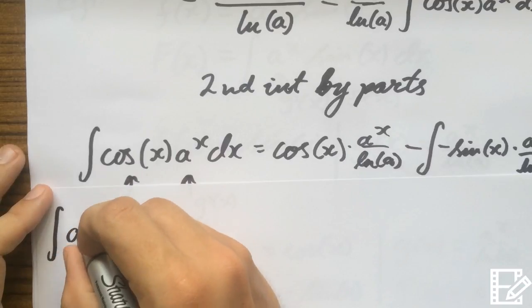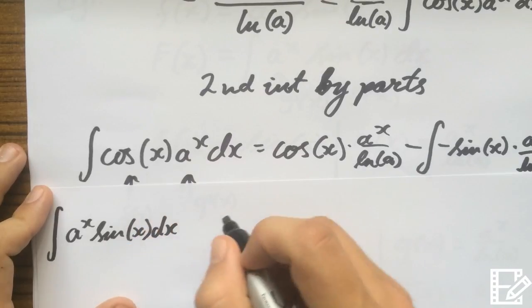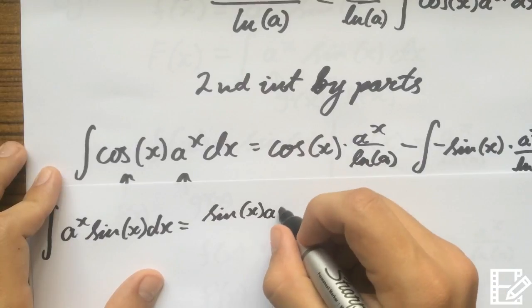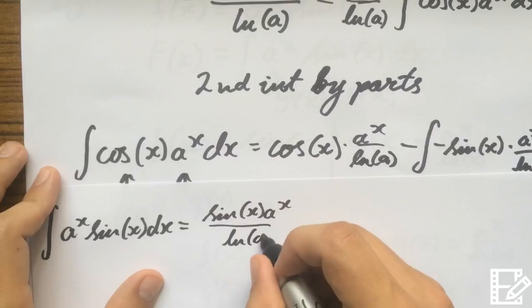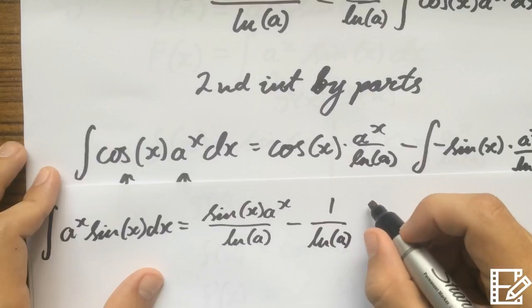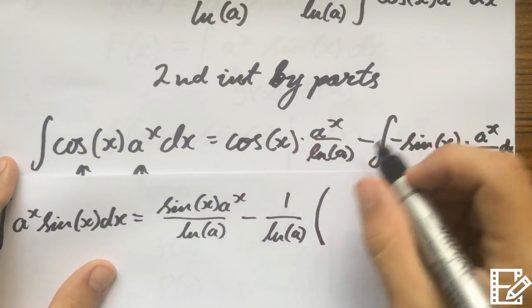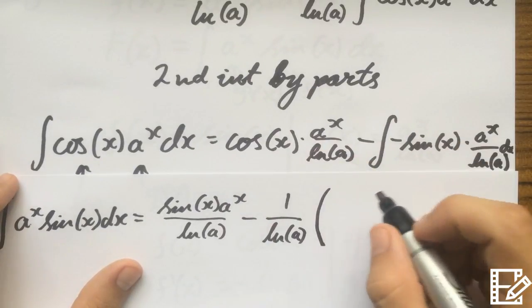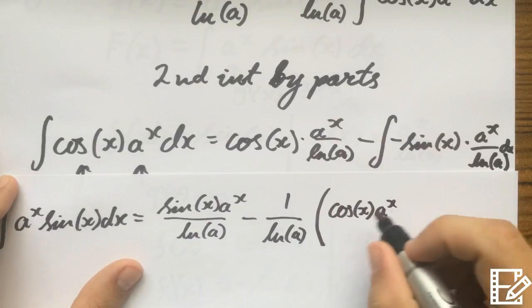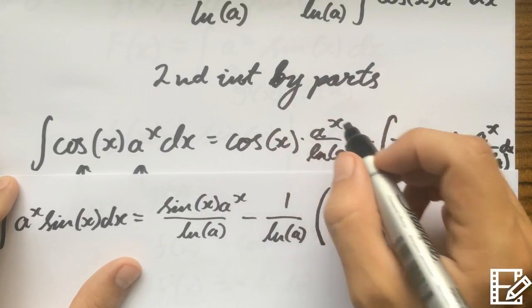We started with the integral of a to the power of x multiplied by sine x dx equals sine x a to the power of x on ln of a minus 1 over ln of a, and what we're going to sub in here is this. So we're going to sub in cos x a to the power of x over ln of a, because I just simplified this, just multiplied the cos x on top.